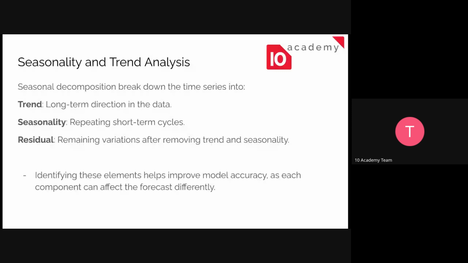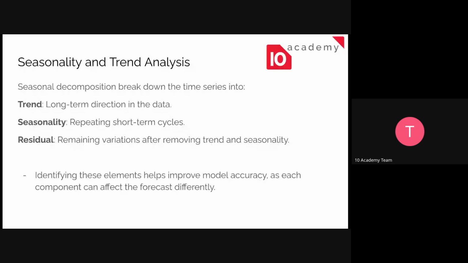And the residual is just the rest of the things that's left when you take out the trend and the seasonality. Identifying these elements will help you improve the model's accuracy, as each of them could help forecast the future differently.